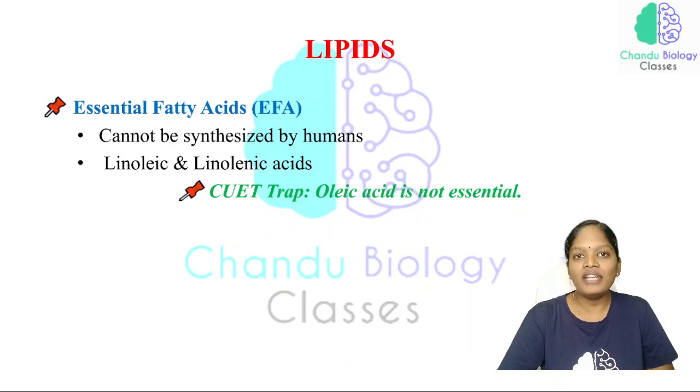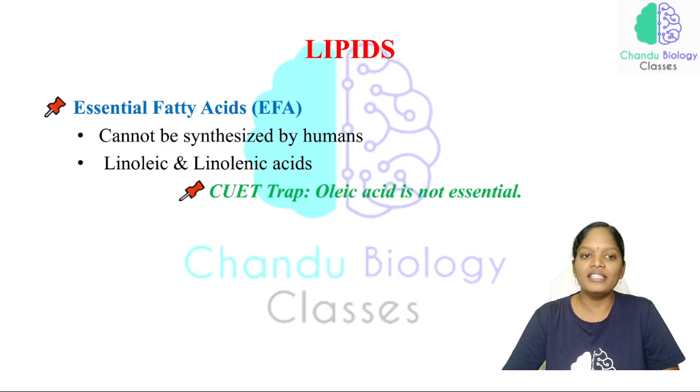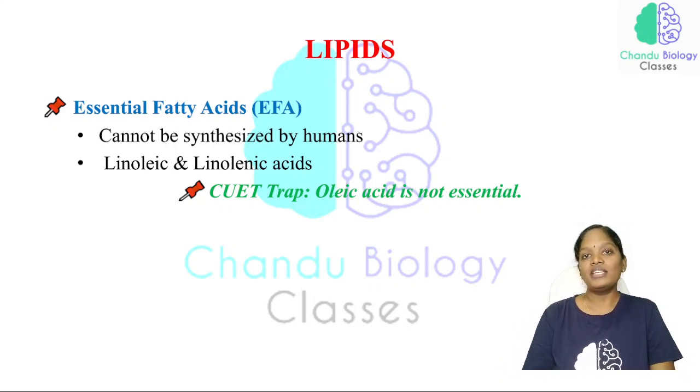Now, essential fatty acids cannot be synthesized by humans. In the future we are going to study amino acids and proteins, and at that time we will also study what is meant by essential amino acids and non-essential amino acids.